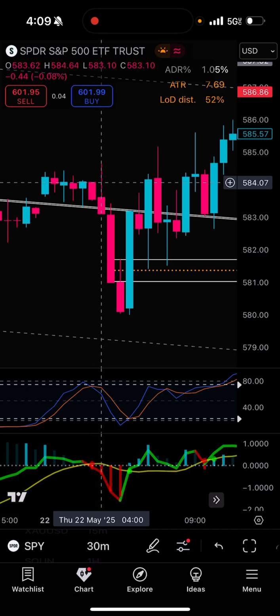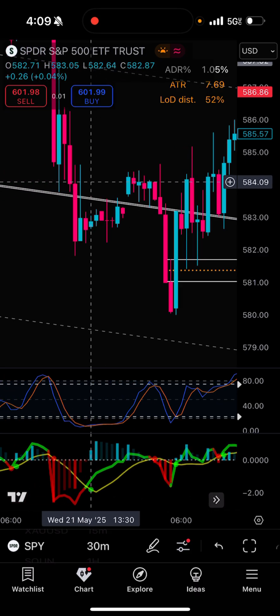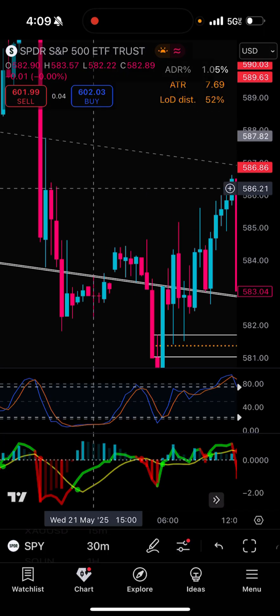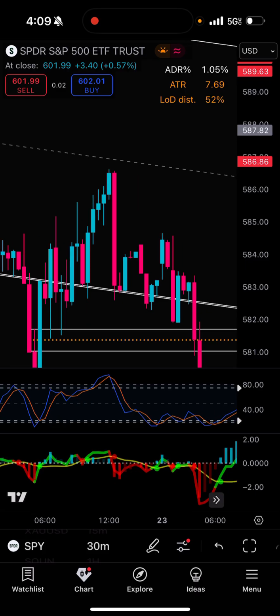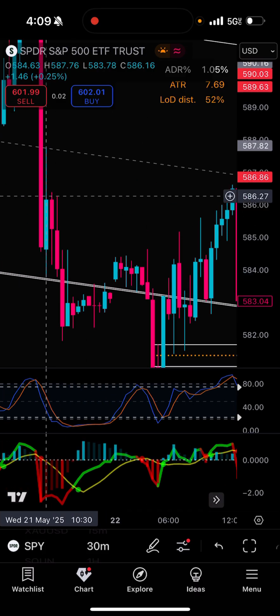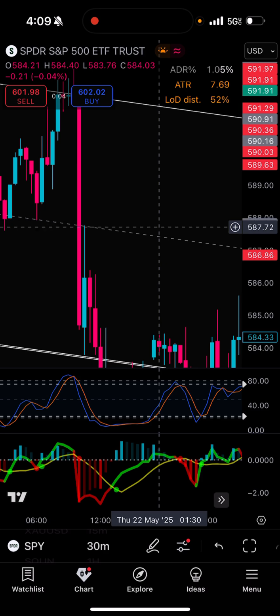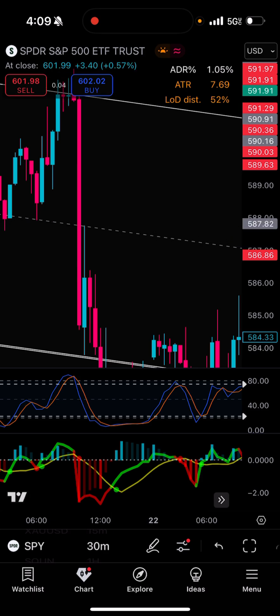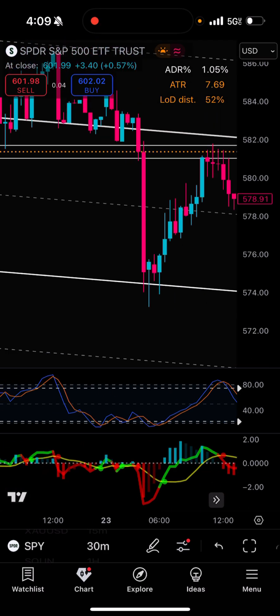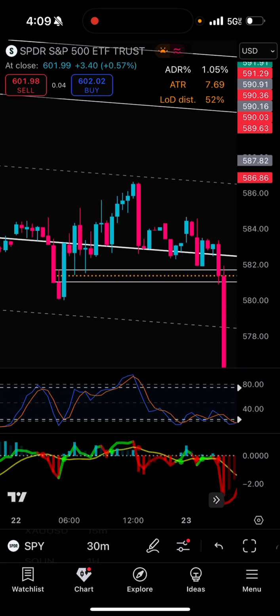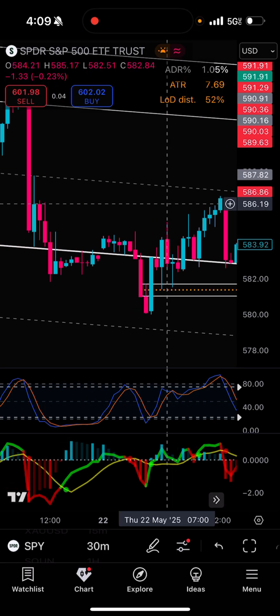So technically your next target wouldn't be here, and it wouldn't be at 58617 either. Your real target would probably be this previous low of like 587. But that kind of sucked because it didn't actually play out, and you did hit this target right here.